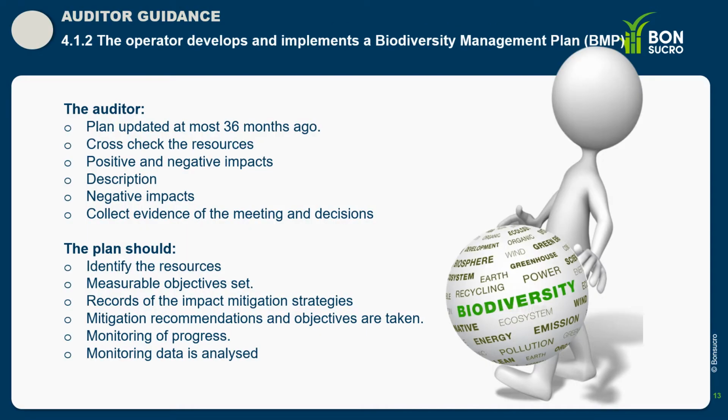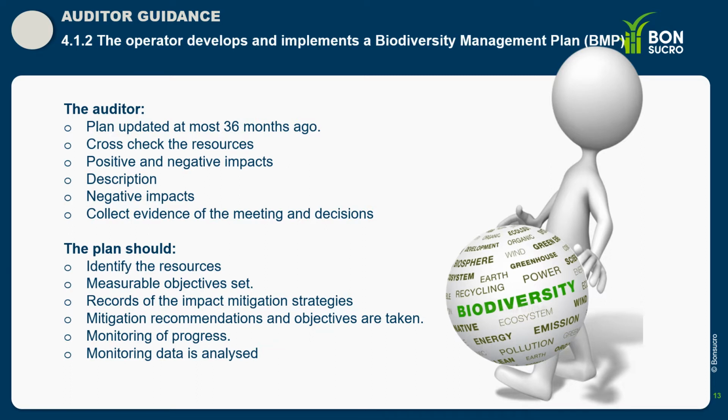From the auditing point of view, the auditor needs to be sure that the plan exists. That it is a plan updated within no more than 36 months. To be sure who made the plan, who was in the construction of this plan, to cross-check the resources and to cross-check with the map, the aspects identified in the maps, to identify if that plan includes some risk and negative impacts, to identify what are the results of the management plan, to identify who is responsible for this plan, and to identify what are the resources for the implementation of the plan.